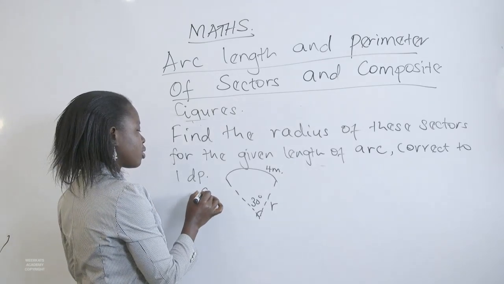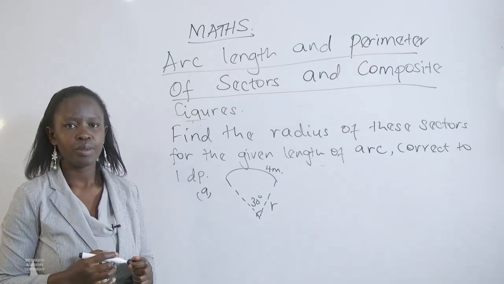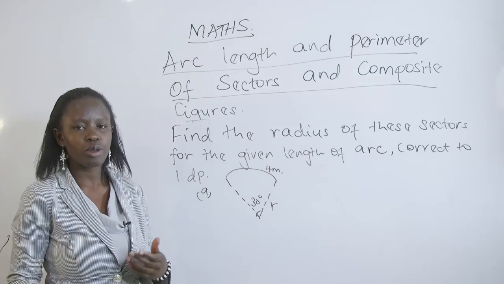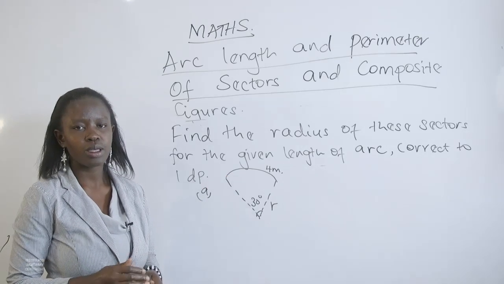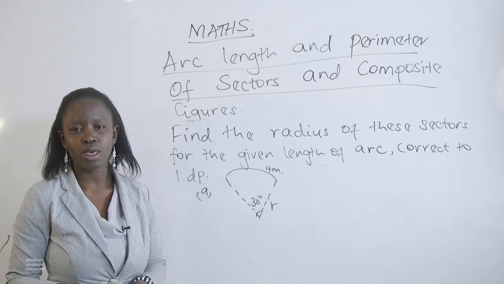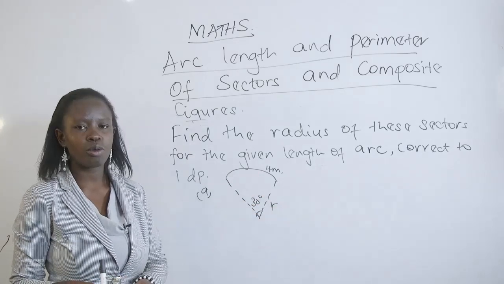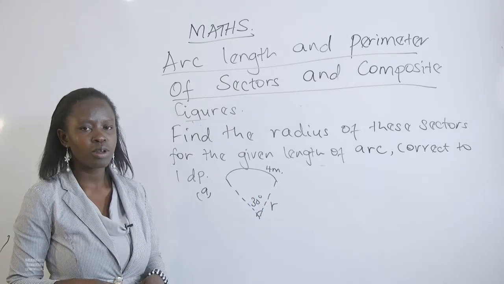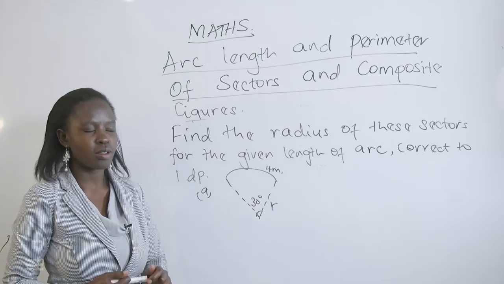So we have the diagram. We've said that not always you'll be required to get the arc length, but there are situations whereby you can be given the length of the arc and you are either required to find the radius or the angle subtended at the center.